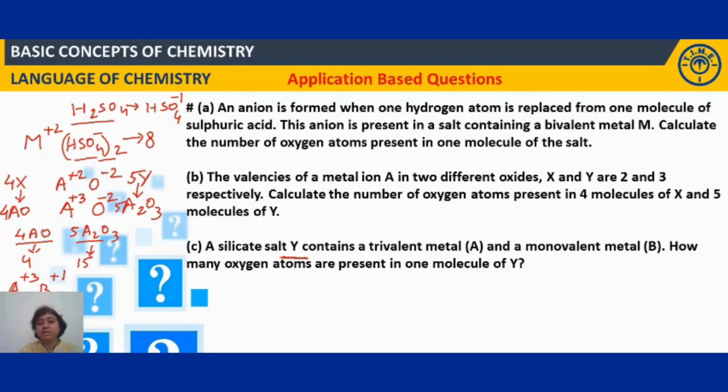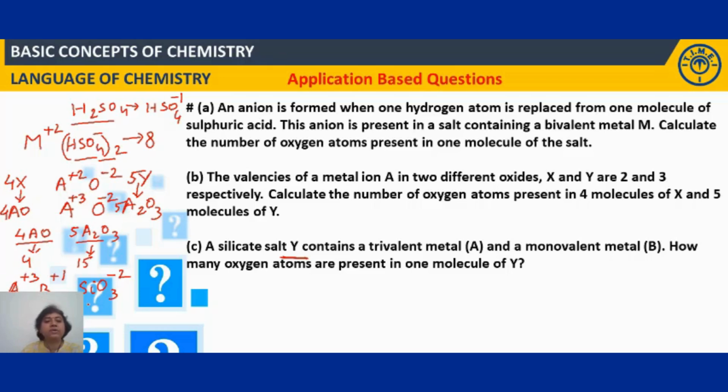So the total charge contributed by A and B together is plus 3 plus 1, which is plus 4. So the negative radical, the anion, should also contribute a -4 charge. Let us see. The negative radical is SiO3 minus 2. So the positive charge is plus 4, so the negative charge should be -4.